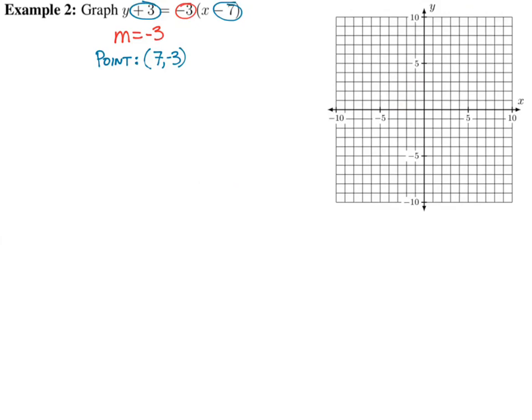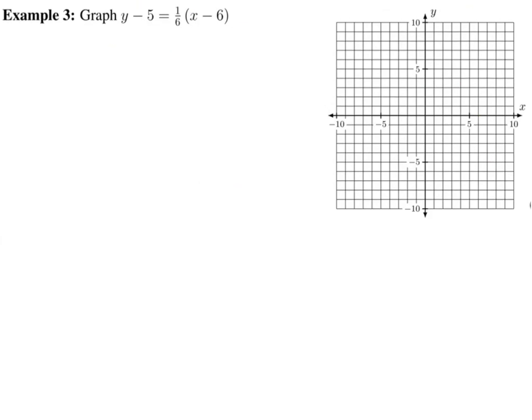Since it's plus 3 in the problem, the y value is negative 3. So we'll go ahead and graph that point at 7, negative 3. There we go. And from there, do our slope of negative 3. Down 3, right 1, down, yep. And then several points. There you go.